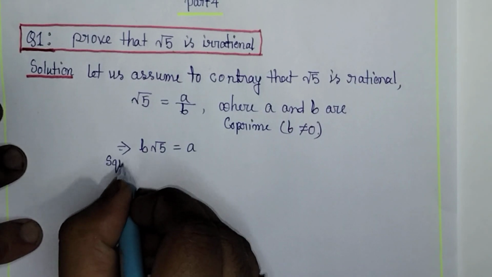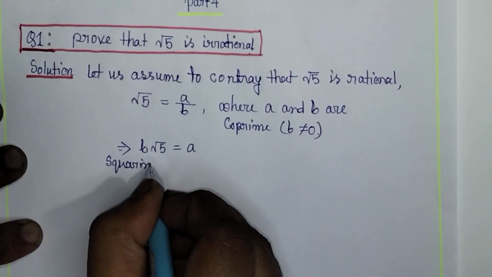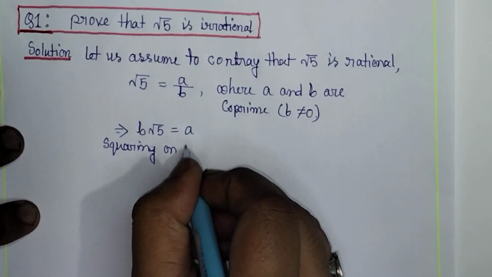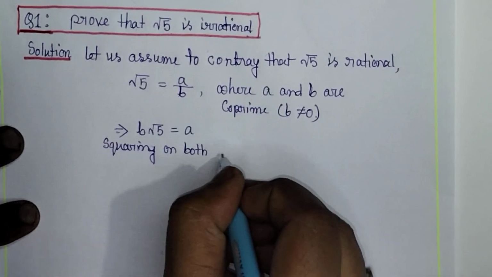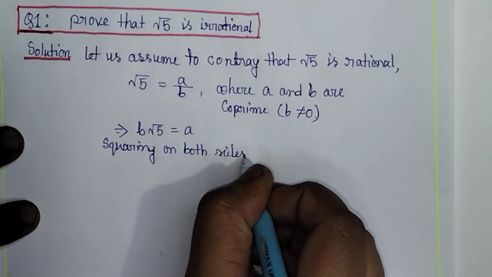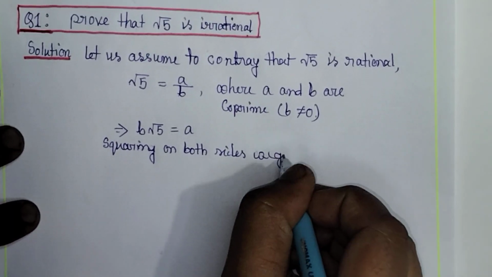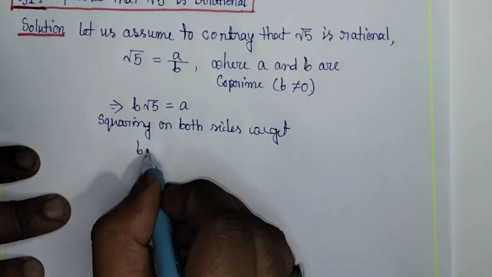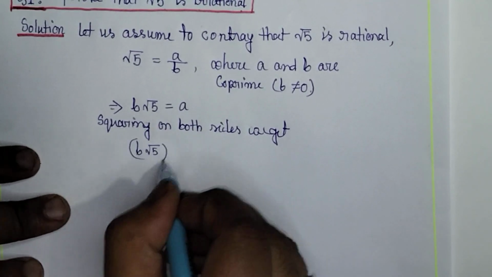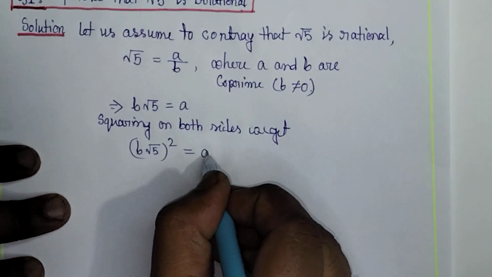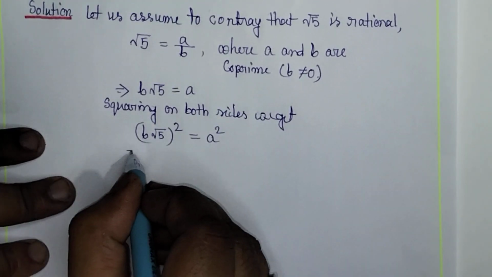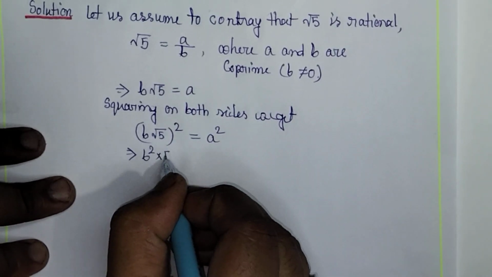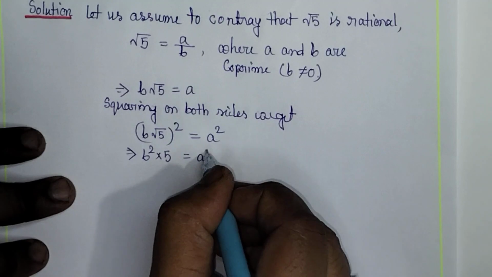Squaring on both sides, we get B root 5 whole square equals A square. So B square into 5 equals A square.